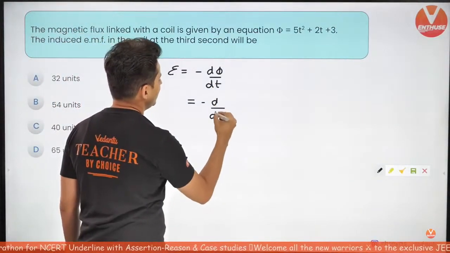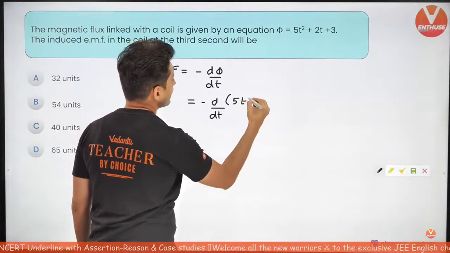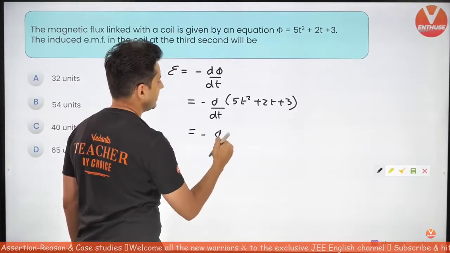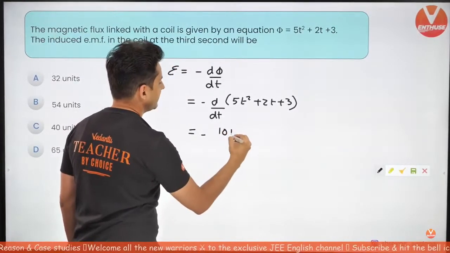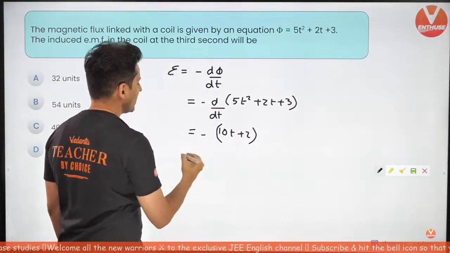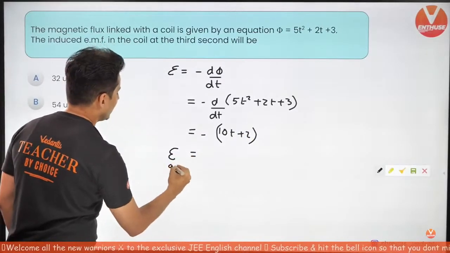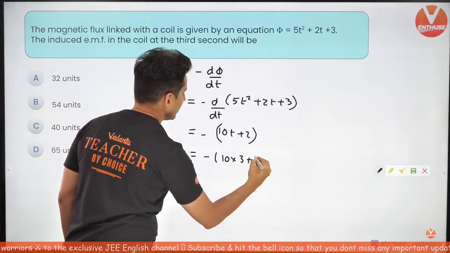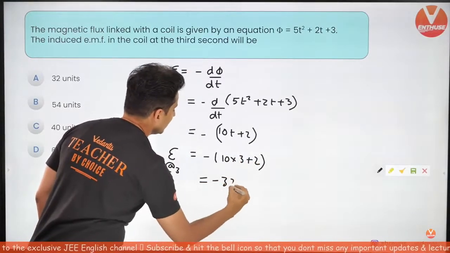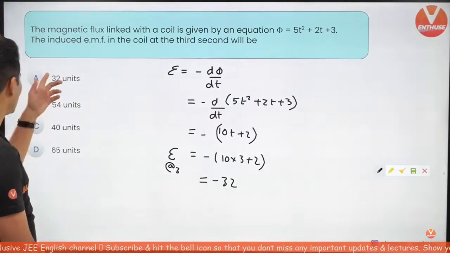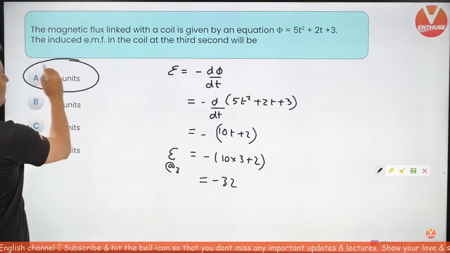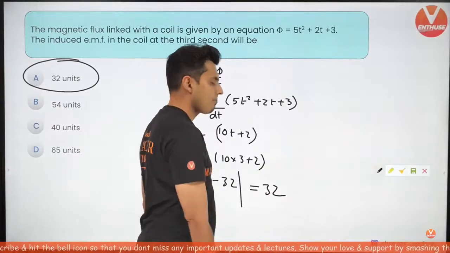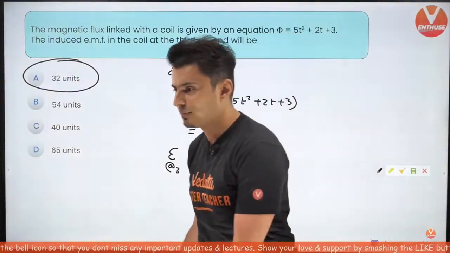Minus d by dt of 5t square plus 2t plus 3, which is minus the derivative of this, which is 10t plus 2. So EMF at 3 seconds will be minus 10 into 3 plus 2, which is minus 32 volts. So we have just to find the magnitude of it. The modulus of that will be just 32.